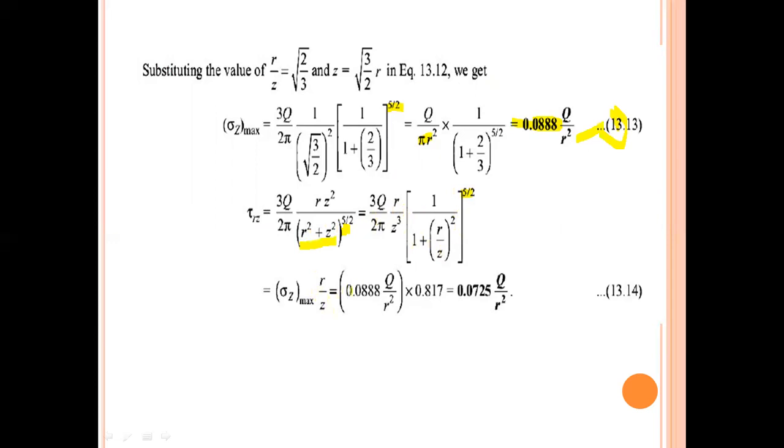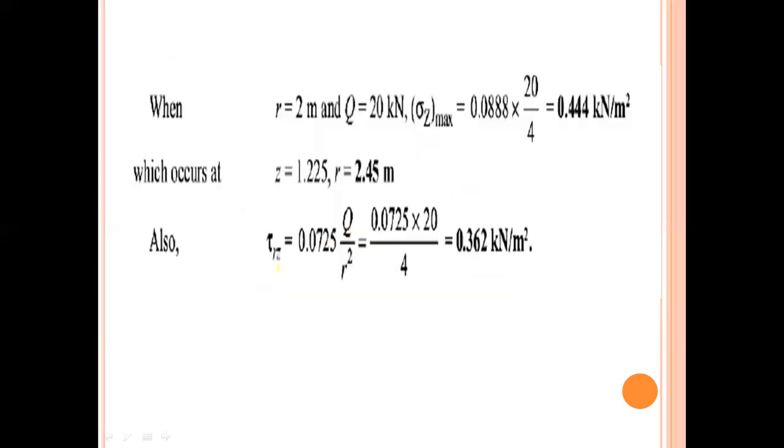Sigma maximum is 0.0388 into q by r square, into r by z value 0.817, that equals 0.0725 into q by r square. It is the tau rz. When r equal 2 meters and q equal 20 kilonewtons, sigma z equal to 0.0388 into 20 by 4, means q by r square, q means 20, r square means 4.